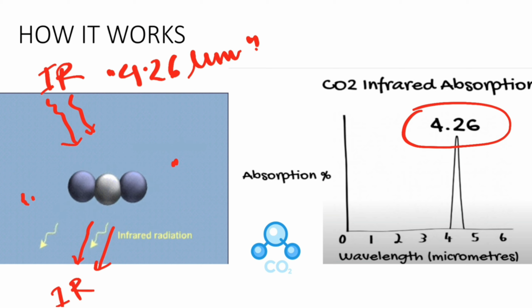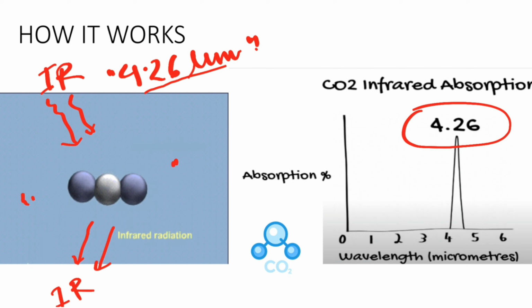So if we pass 4.26 micrometer wavelength infrared light through the carbon dioxide molecule, if it is present there, we can put a sensor and record the emitted infrared amount, and we can get an idea about the amount of carbon dioxide present in a particular chamber. That is the basic idea of how it works.